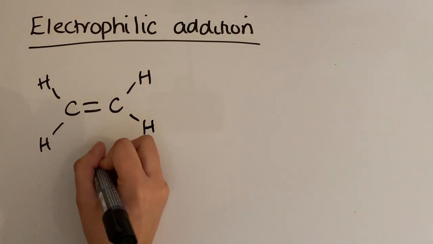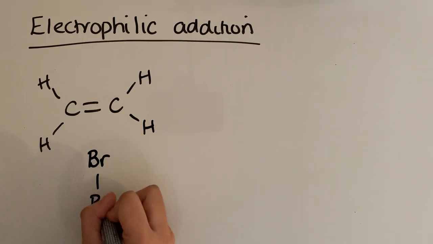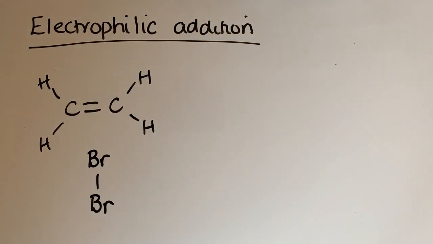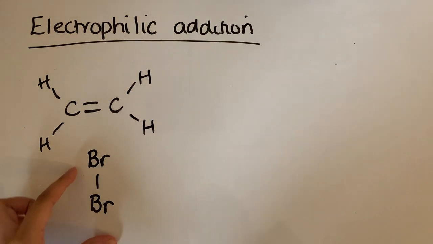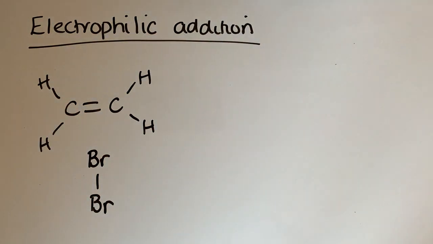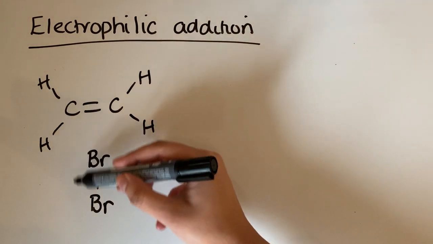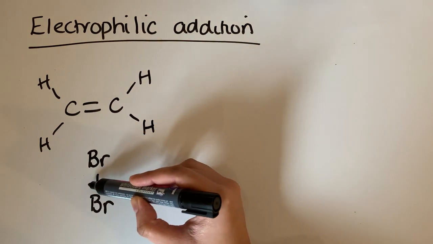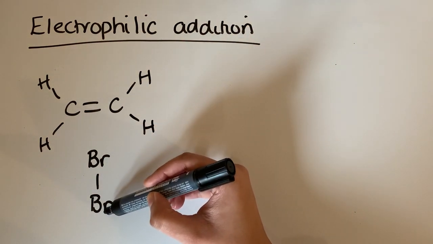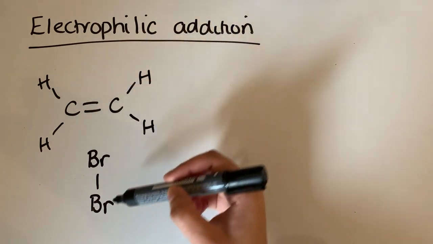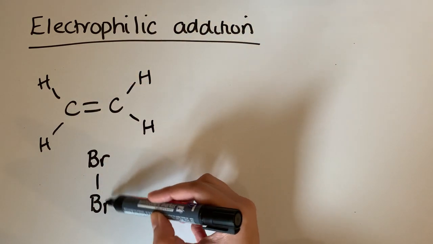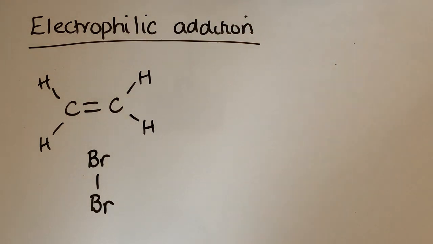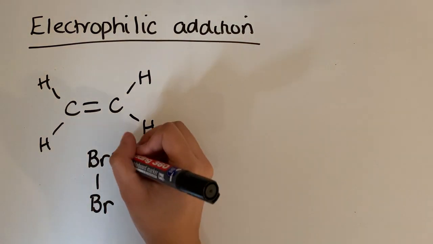So the other thing in our pot is bromine. Bromine is a molecule. When it gets towards this very electron rich area, we know that something very electron rich could induce a dipole along this molecule. If this is very electron rich, the electrons that lie in this bond are pushed downwards towards this bromine, and that induces a dipole across this Br-Br.